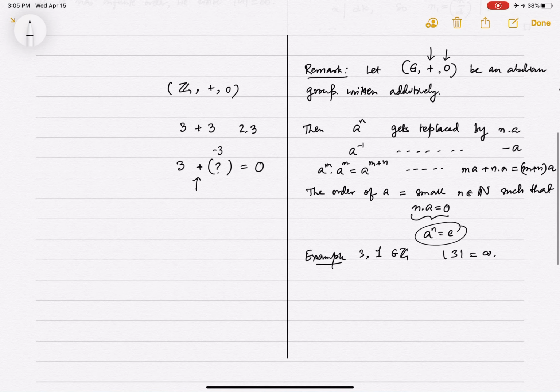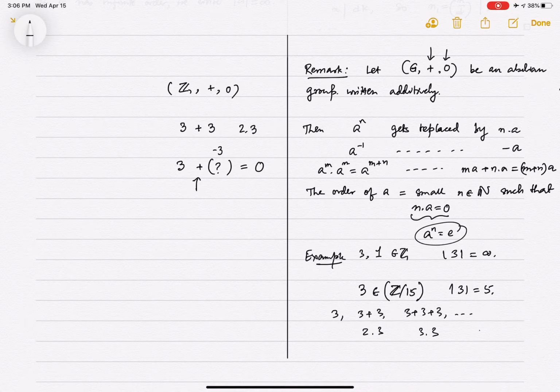But if you take the element, I don't know, 3 in Z mod 15, then that has order 5, because if you do 3, 3 plus 3, 3 plus 3 plus 3, just composing that thing with itself, after 5 times you get 0, which is the identity. So this is 2 times 3, this is 3 times 3, and 5 times 3 is going to be 0. Yeah, so this has order 5.